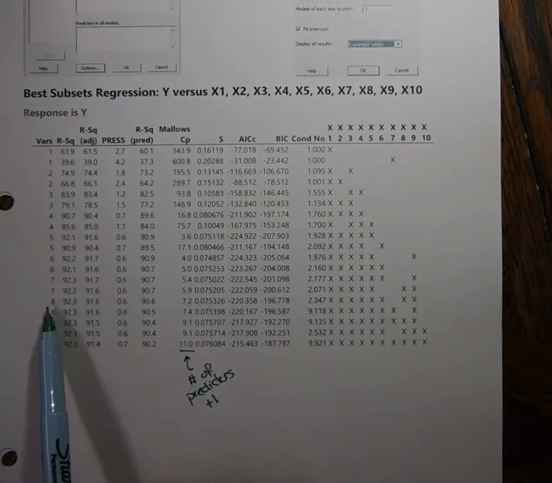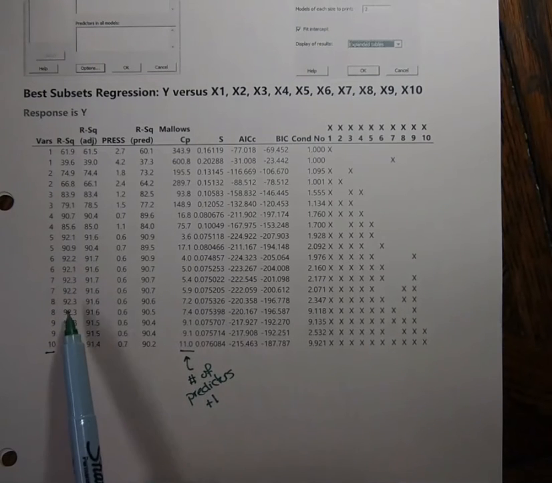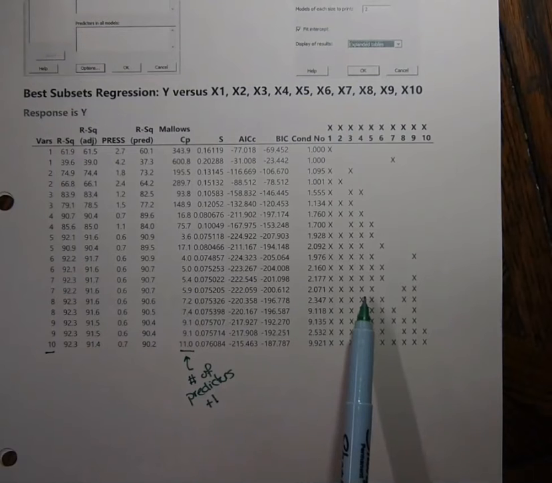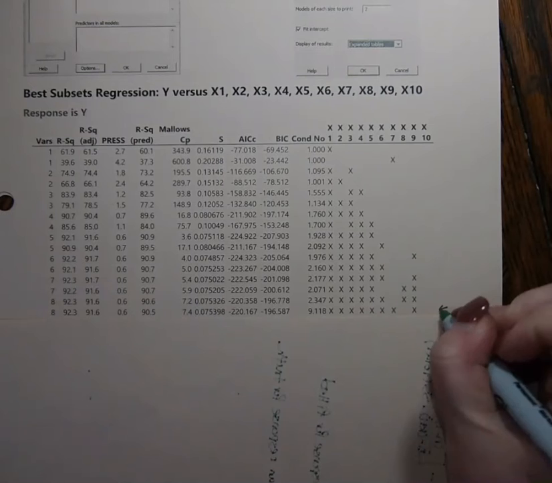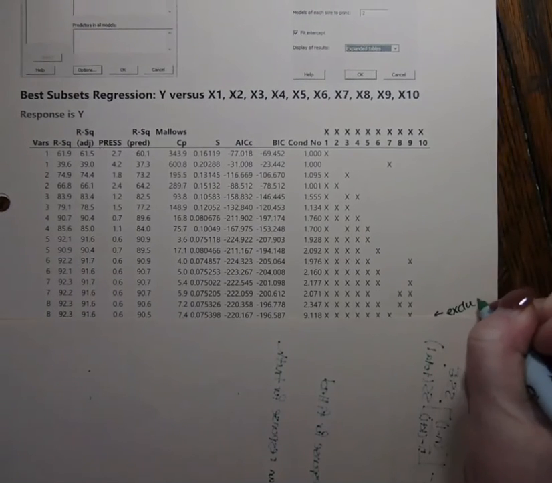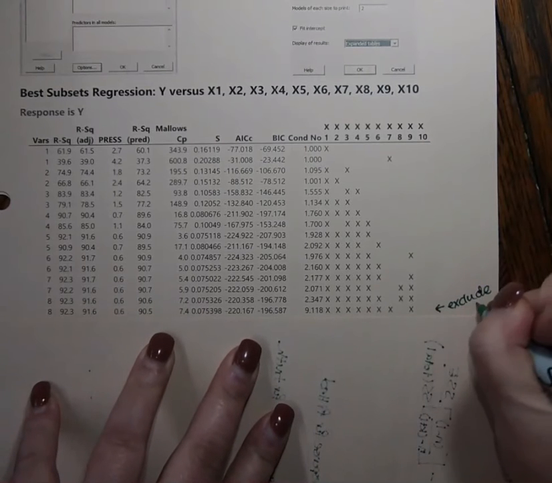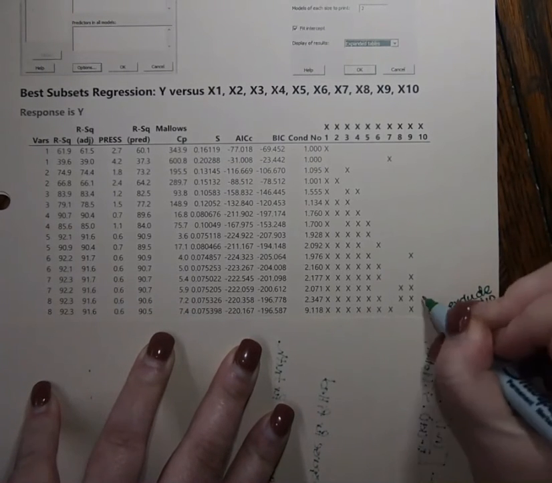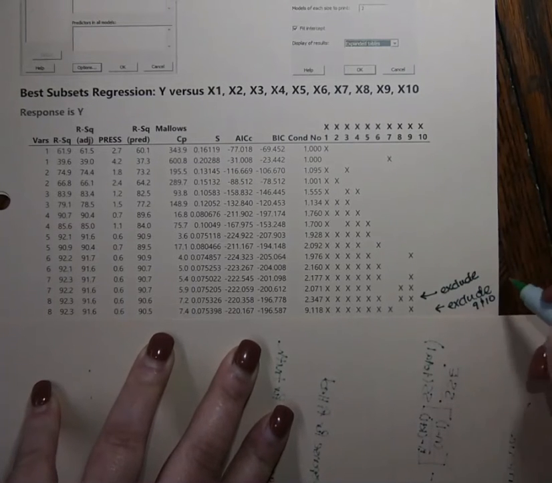Next here, we've got all of the possible models that have 8 variables, and these are the 2 best. Going across here, to make this easier, one of them is the one that excludes variables 9 and 10, whereas the other is going to exclude 8 and 10.